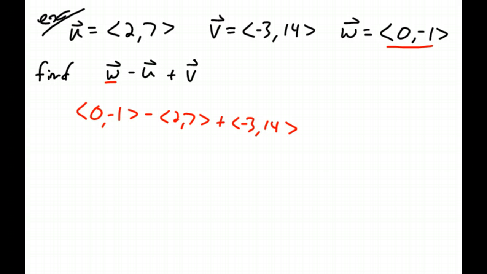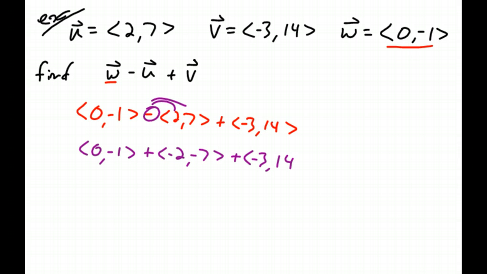14, there we go. And what I like to do is I do not like subtracting with these things. So I'm going to go ahead and take this negative, distribute it to both of these, so that I have 0, -1, plus -2, -7, plus -3, 14. And then I can add all of the x's together.